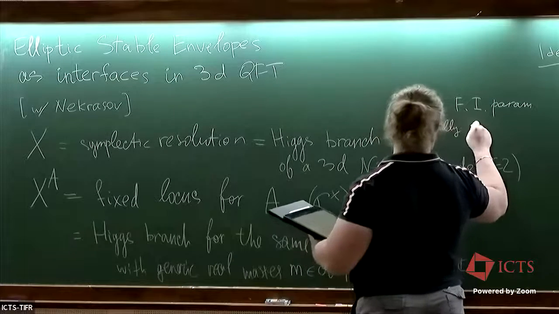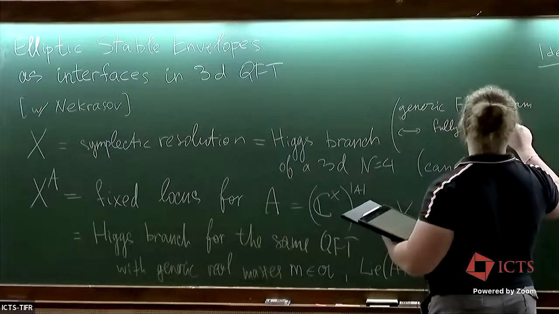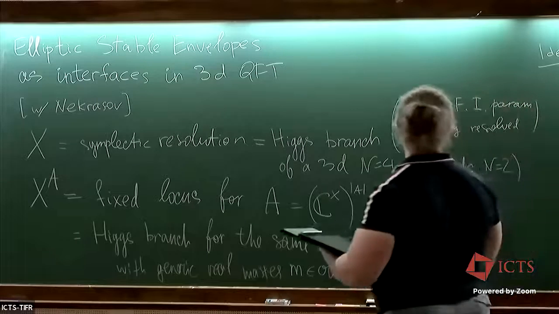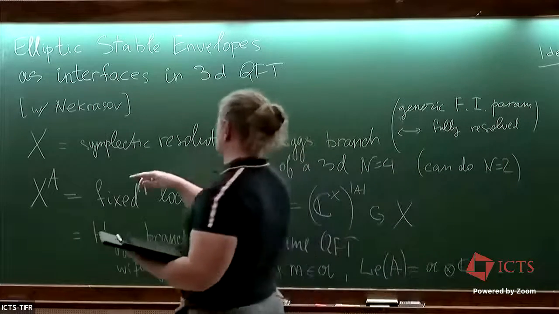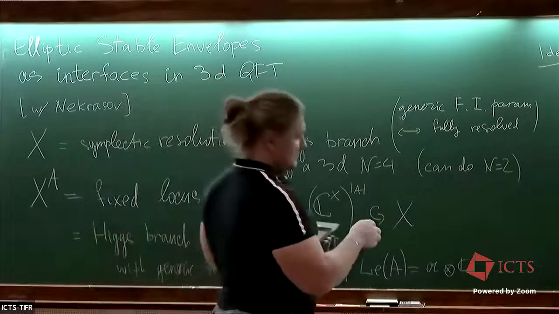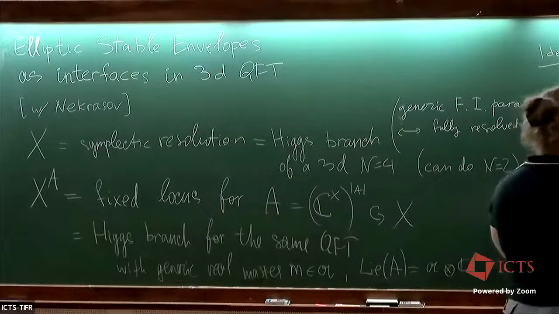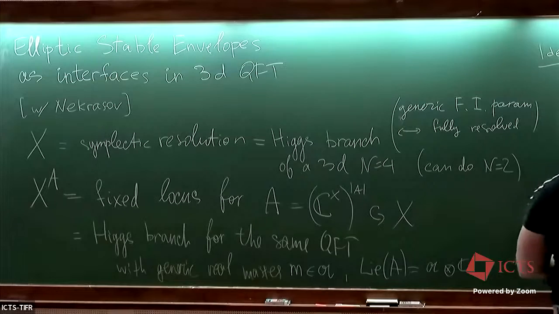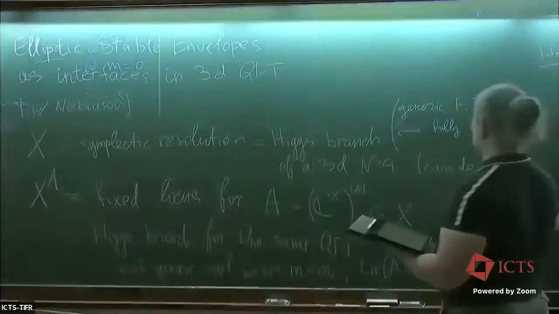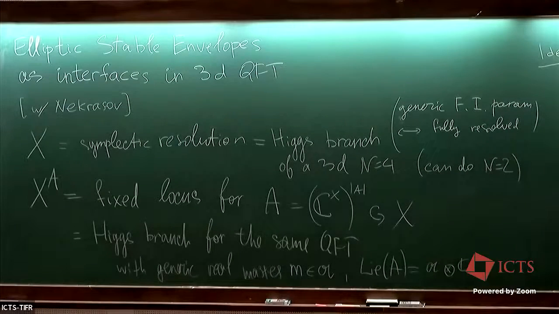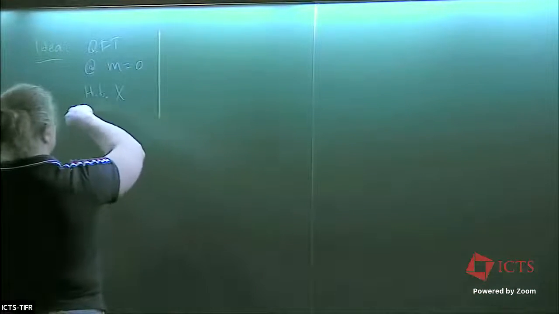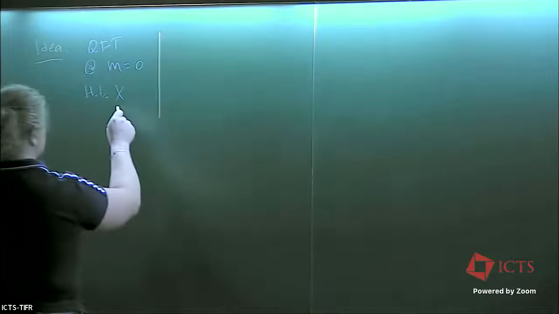At 0 FI parameters, you usually have some symplectic singularity, if the theory is superconformal. And then at generic FI parameters, it is fully resolved. So on the left, we have this QFT at 0 masses whose Higgs branch is the full X.